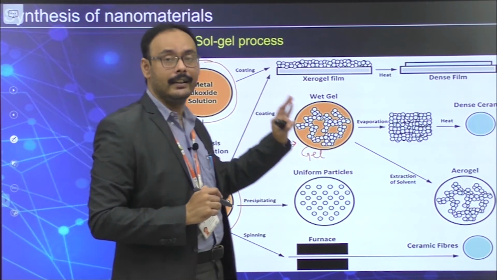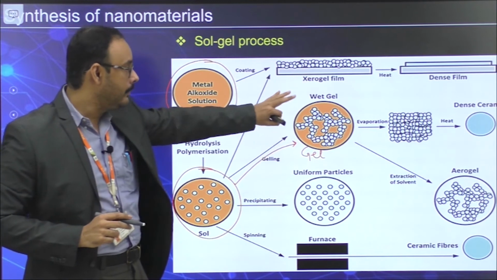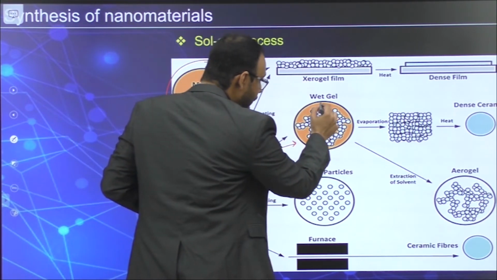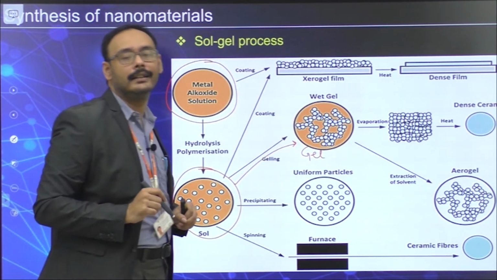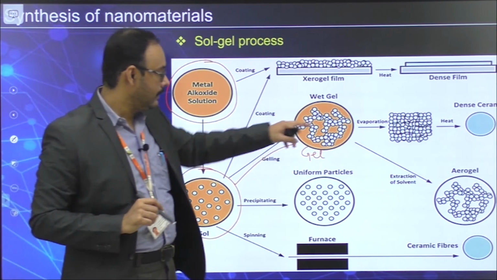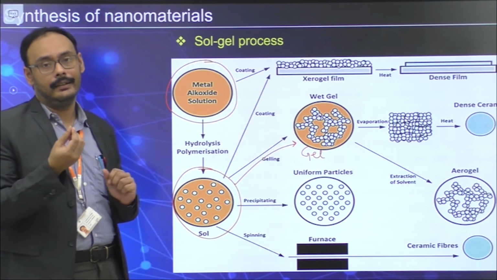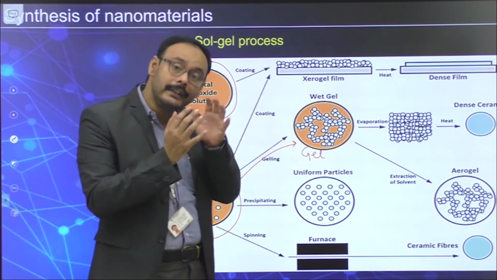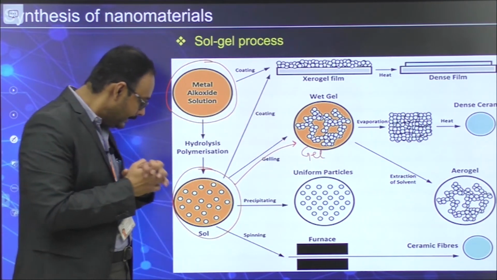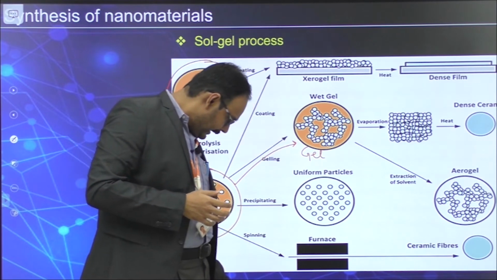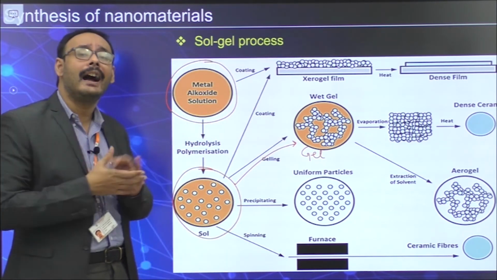So you call it a gel. Now with gel, you still have solvent around it, and that's the reason why these gels are very fluffy. And they have relatively high surface area.